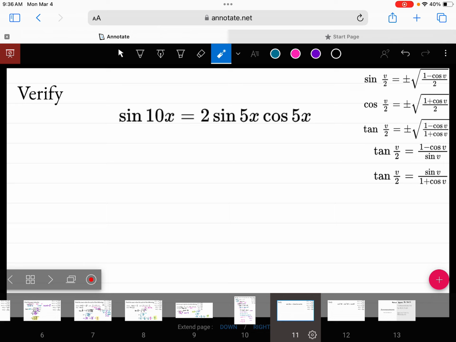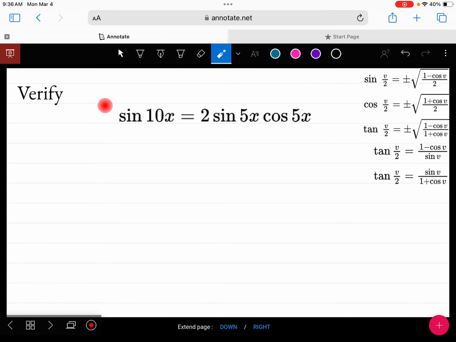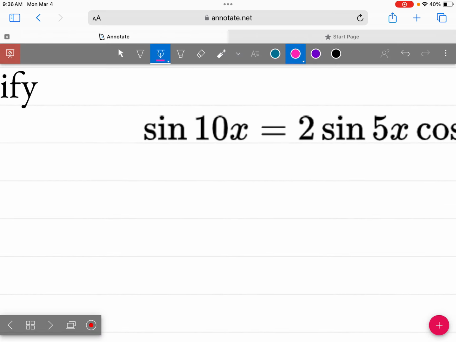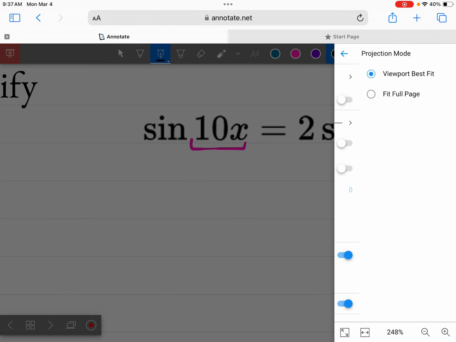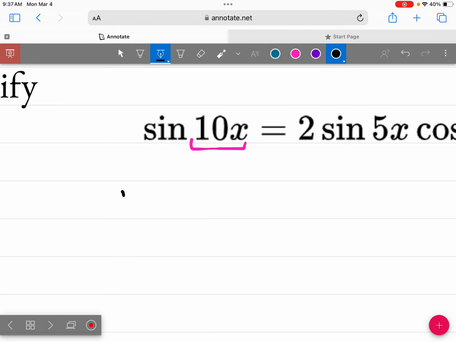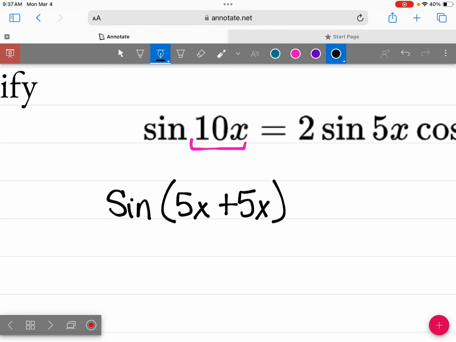However, if we think about this as a multiple angle, I want to think about my left-hand side here, because I can think about this in terms of a double angle. If I take this and rewrite it as sine of 5x plus 5x, making this an addition problem, or 2 times 5x.